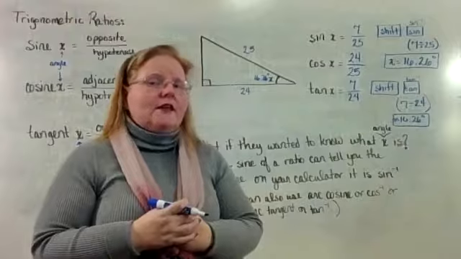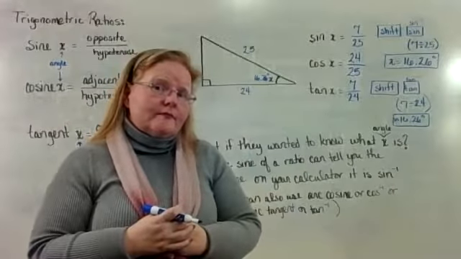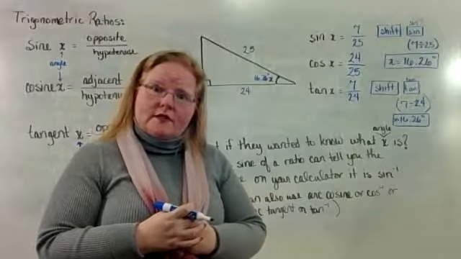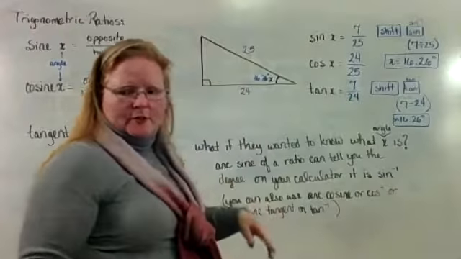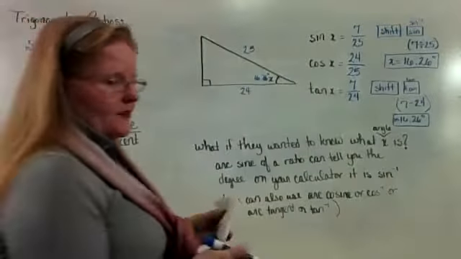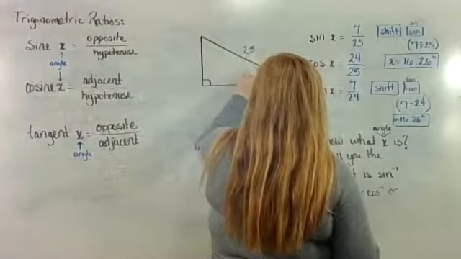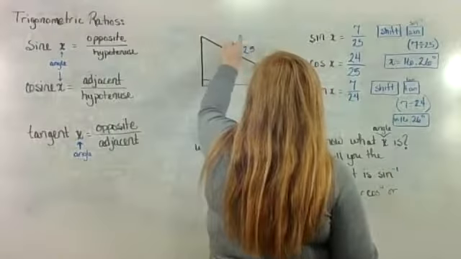Sometimes they tell you the angle and they don't tell you the sides. Or they give you one side and want you to find the other sides. So let's talk about different numbers. In fact, let's talk about more familiar numbers, or hopefully more familiar.